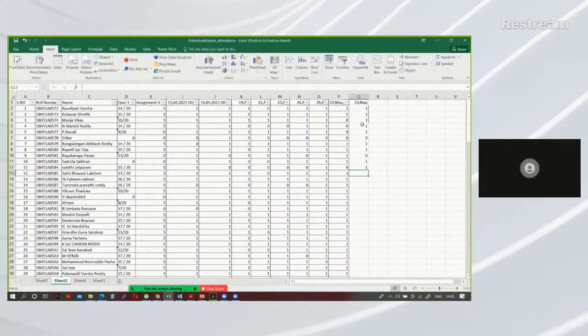Okay. 85, 86, present, sir. 87, present, sir. 88, present, sir. 90, 91, present, sir. 92, 93, present, sir. 94, present, sir. 95, present, sir. 97, present, sir. 98, present, sir. 99, present, sir.